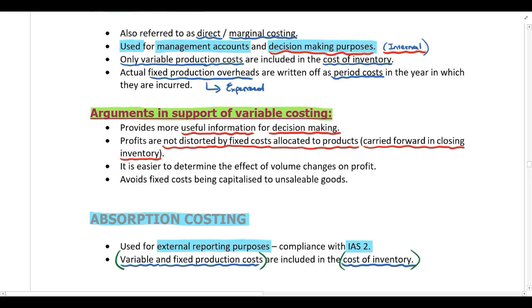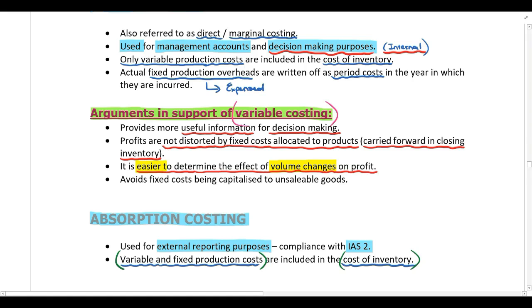Then another advantage of variable costing is it's easier to determine the effect of volume changes on profit. In other words, if we are looking at a variable costing statement and my sales volume increases, my profit will increase. If sales volume decreases, my profit will decrease.